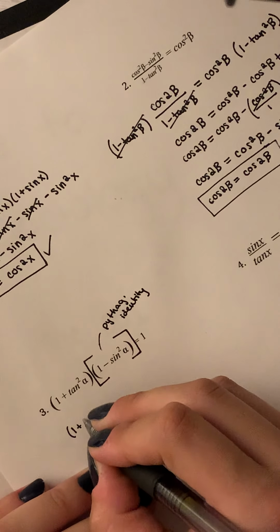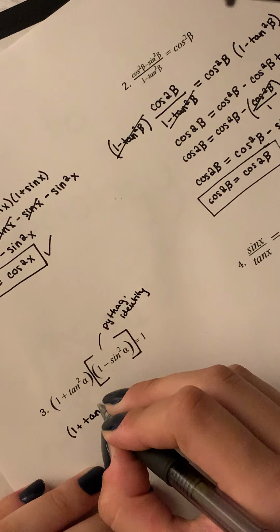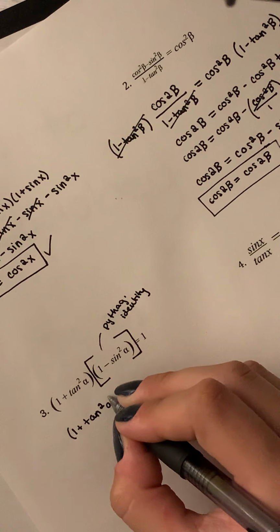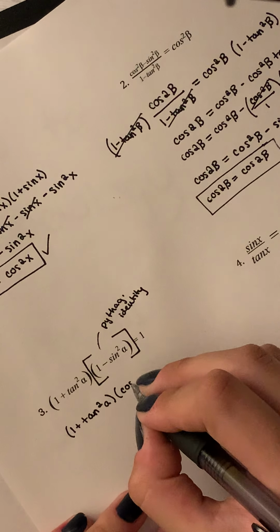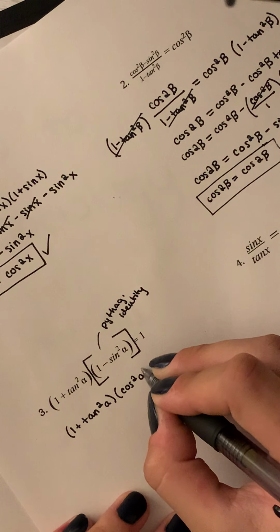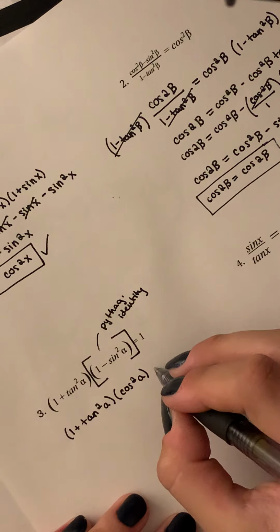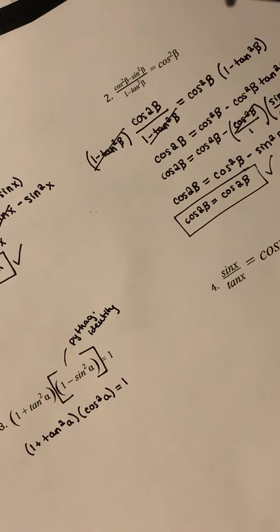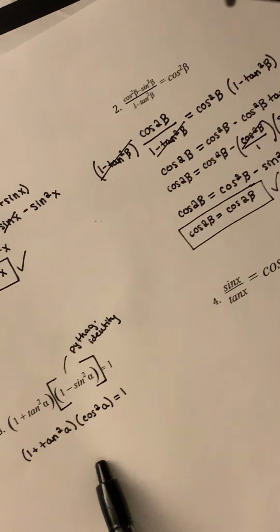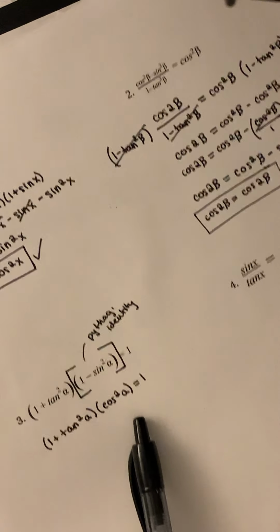So we write down the rest of our equation here. This is going to become cosine squared a, because from our Pythagorean identities, when we subtract our sine over, we're left with cosine squared a on the left side.